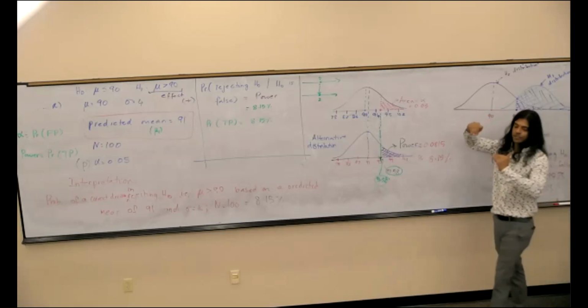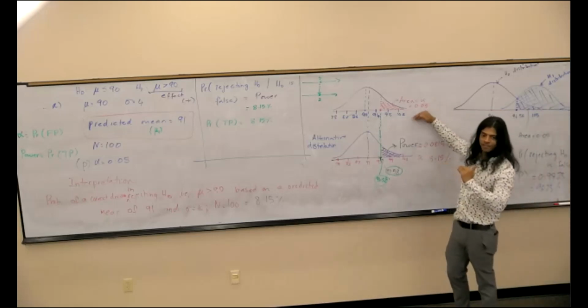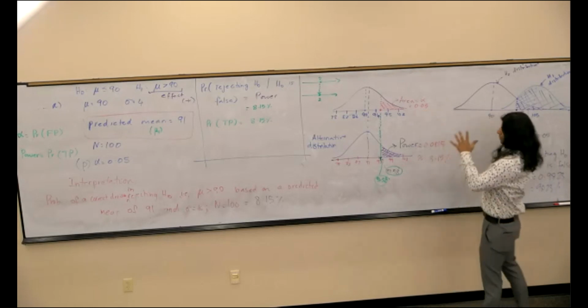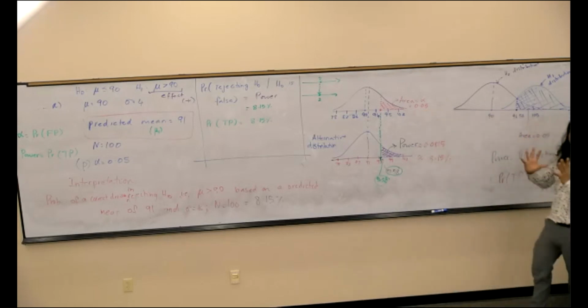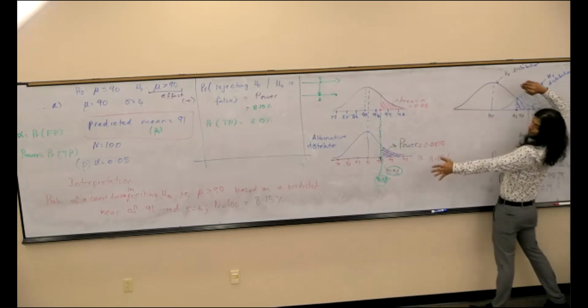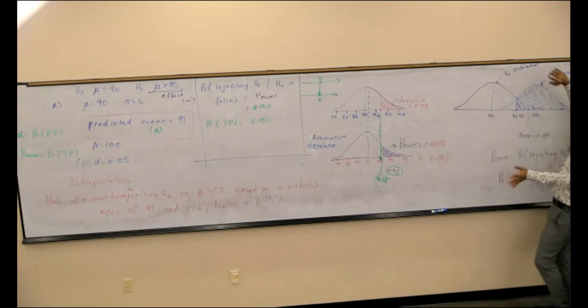The only thing that you will see is alpha. So we are going over this just to illustrate the meaning of power, alpha, and beta. In real life, this part is completely hidden. This is for people like me.